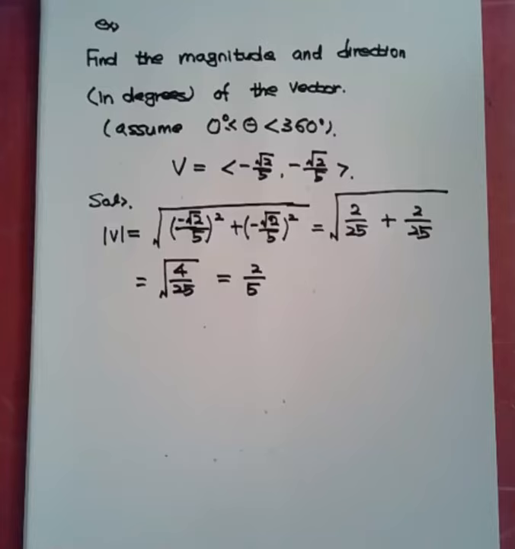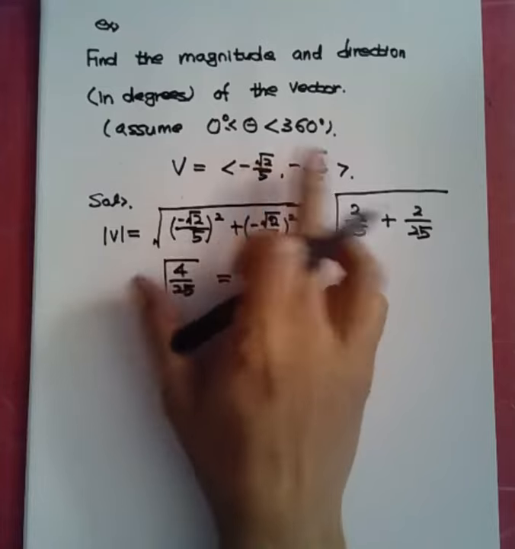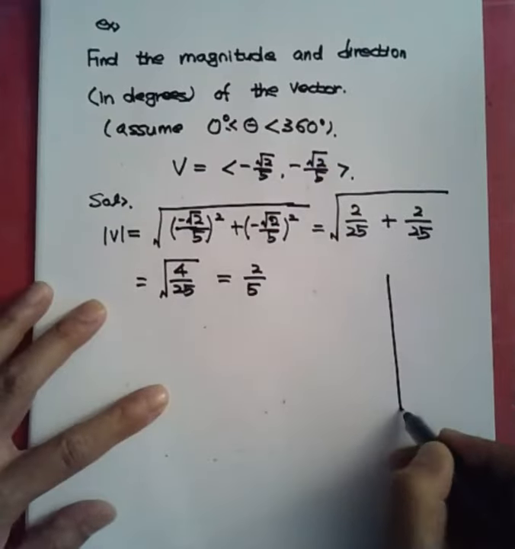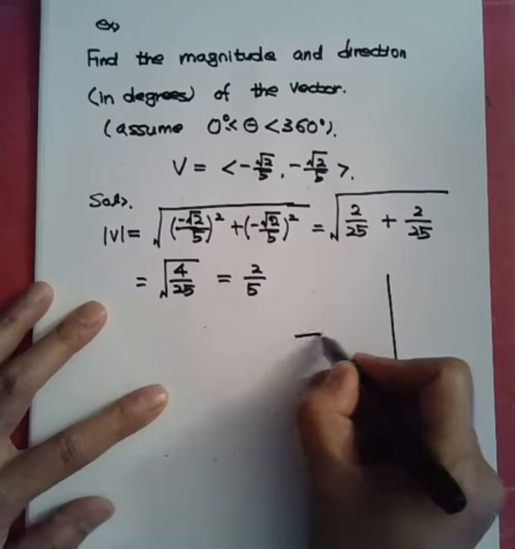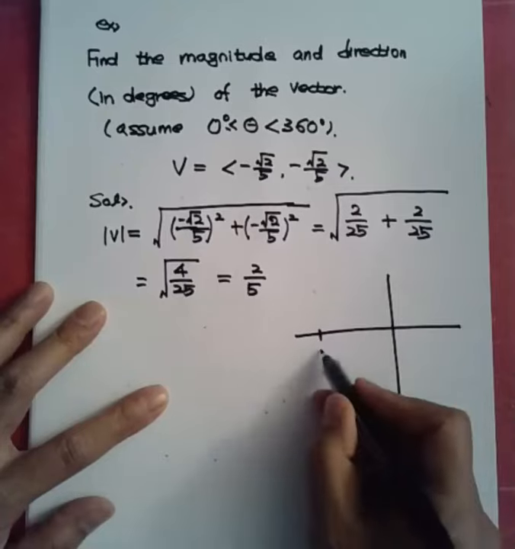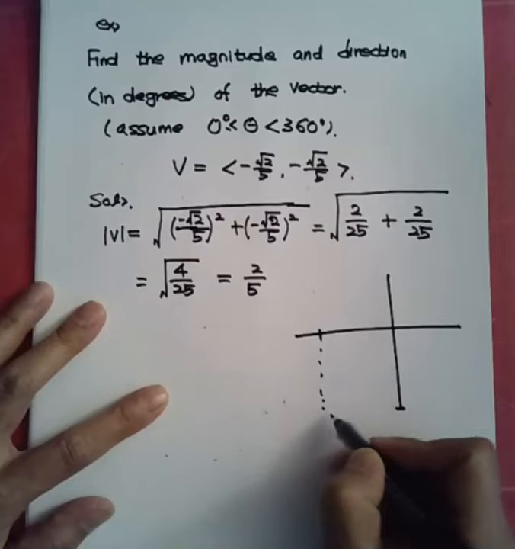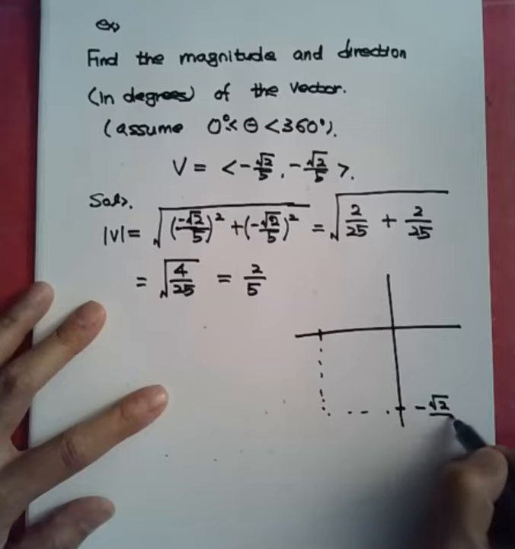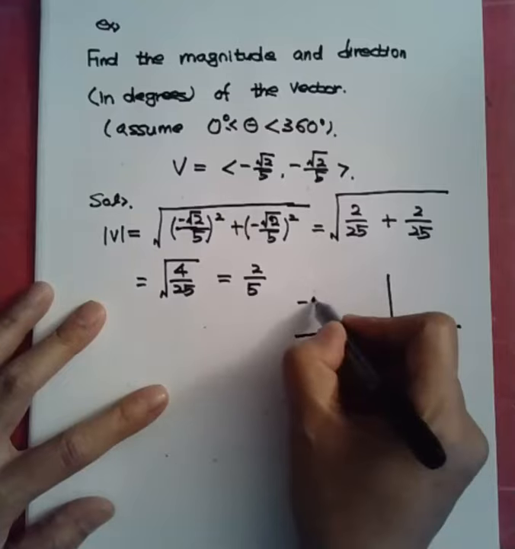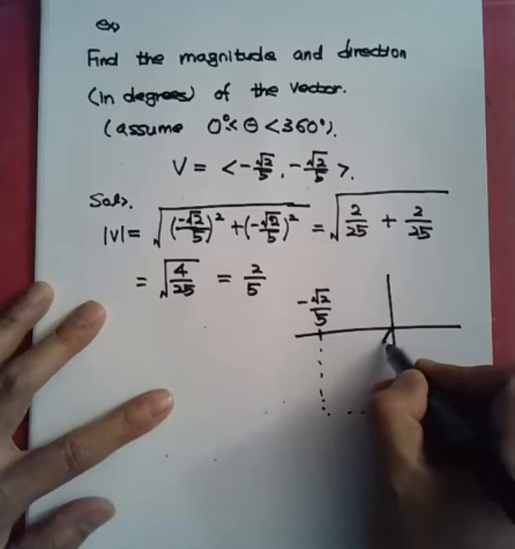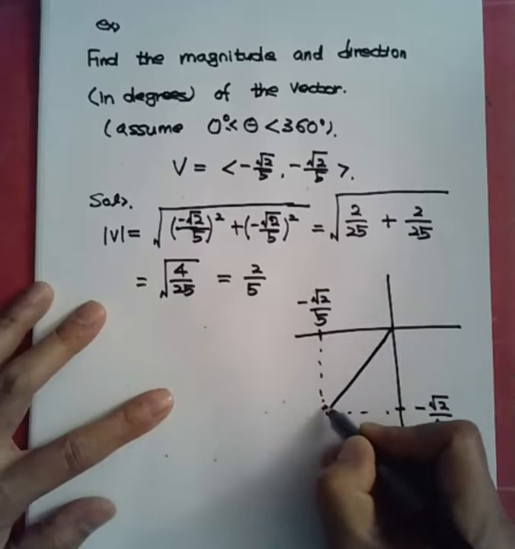We will use tangent because we know x and y value. If we locate the terminal point of the vector on the plane, then that'll be in the third quadrant. So we are thinking about this vector.